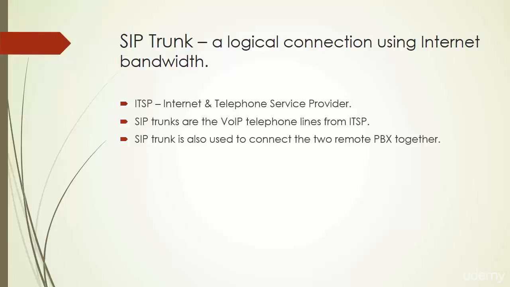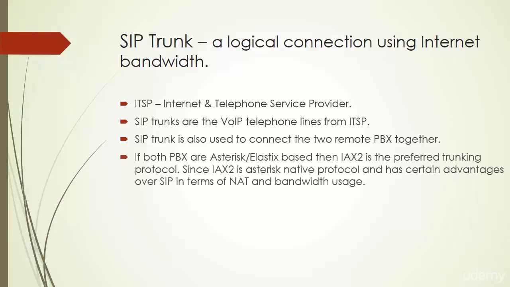If both PBXs are Elastix based, then IAX2 is the preferred trunking protocol, since IAX2 is the Elastix native protocol and has certain advantages over SIP in terms of NAT and bandwidth usage. But if you have another PBX, maybe like a Cisco, Avaya, or any SIP-based PBX, then you can use a SIP trunk to connect your Elastix server to it.